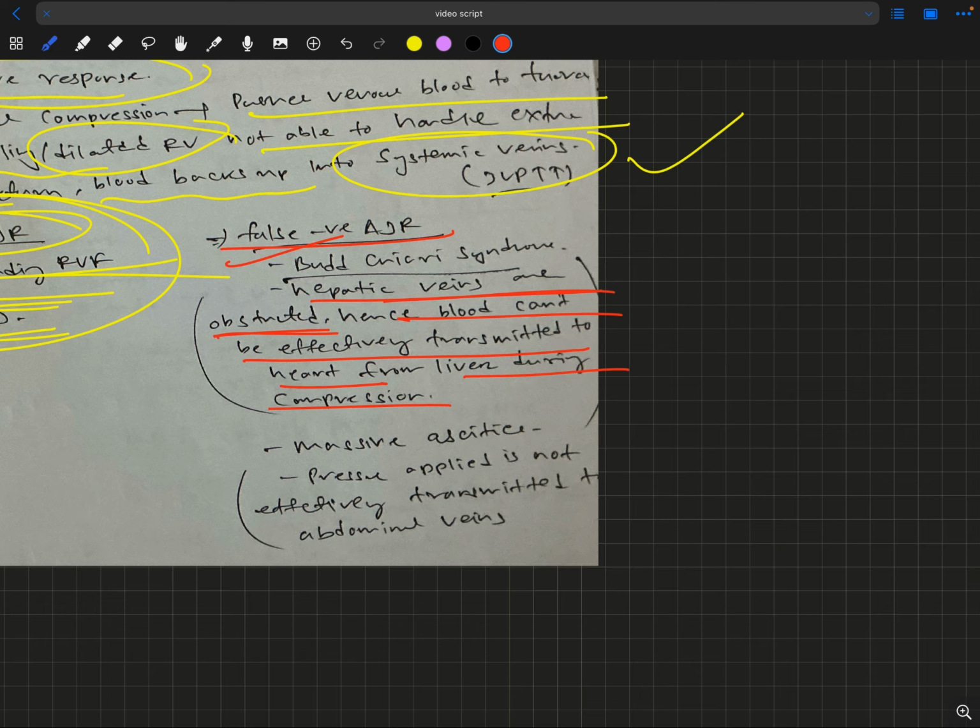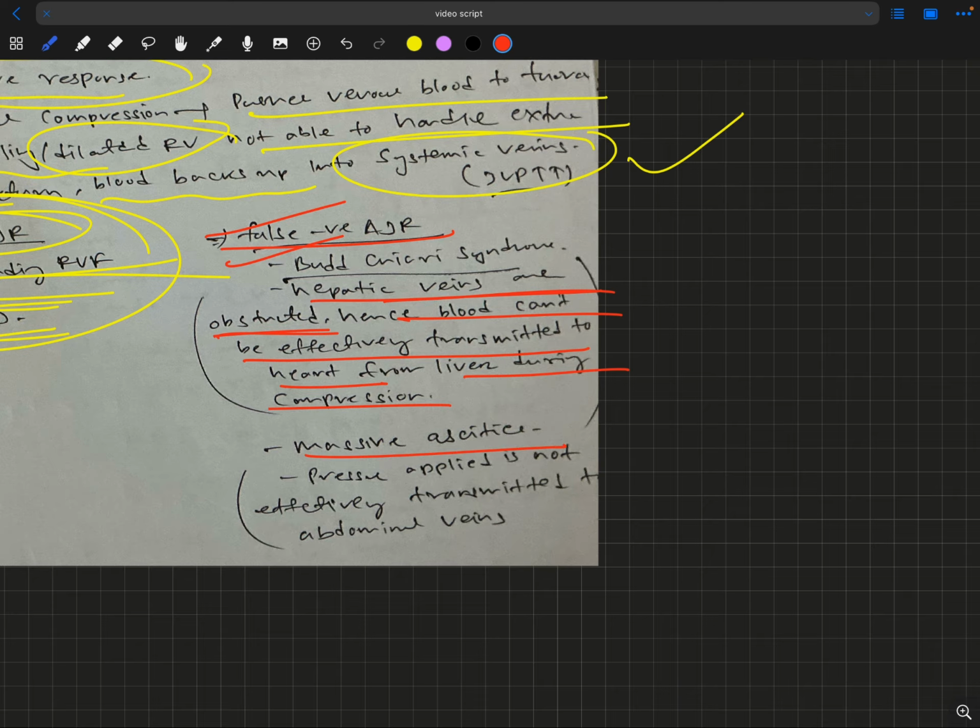When we compress the abdomen, the pressure cannot be transmitted effectively towards the heart because of thrombosis or obstruction of the hepatic veins. So even if the right heart is failing, there will be a false negative abdominal jugular reflex.